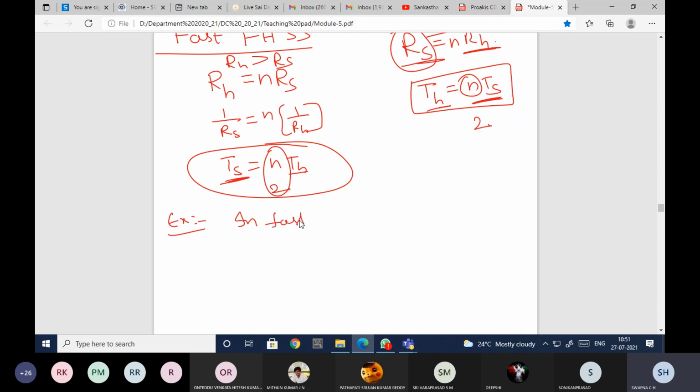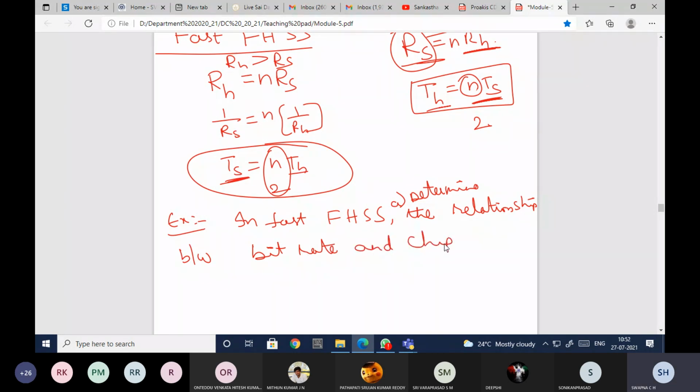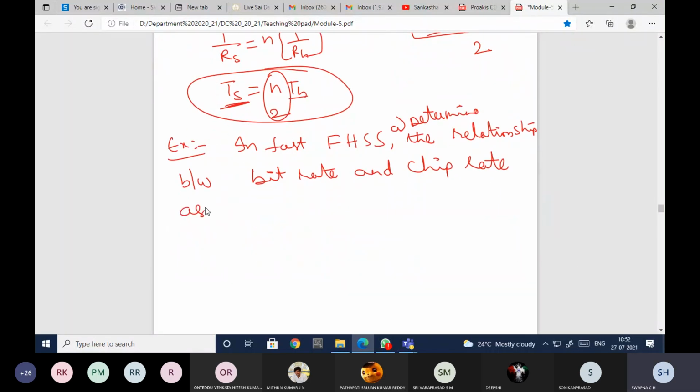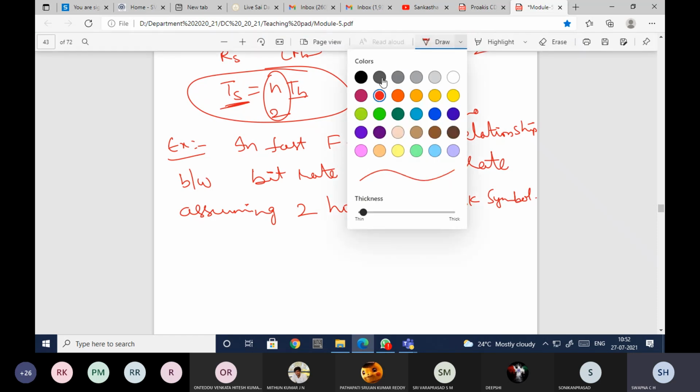Okay, so in fast FHSS, determine the relationship between bit rate, not the symbol rate, bit rate and chip rate, assuming 2 hops per MFSK symbol.